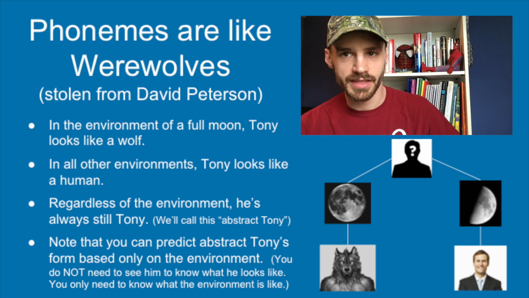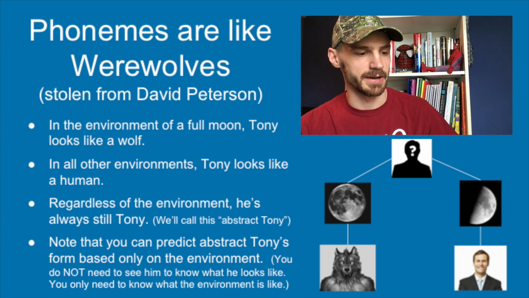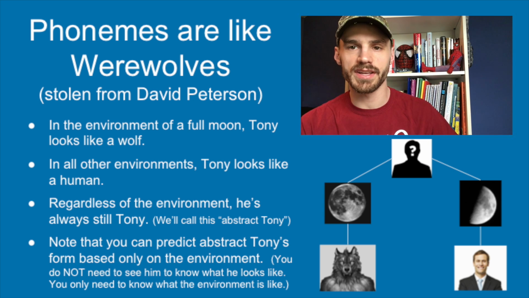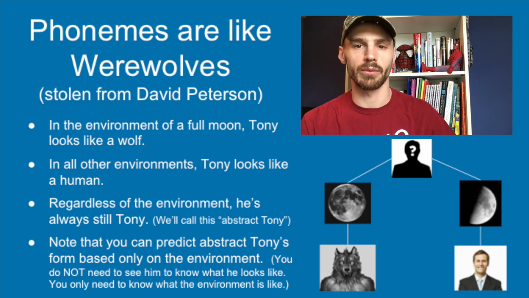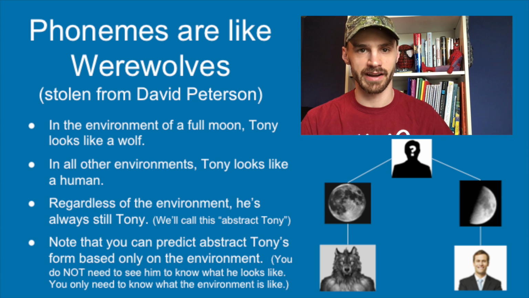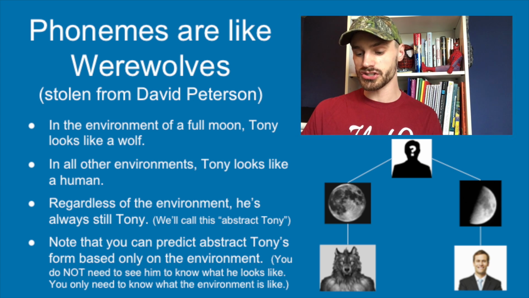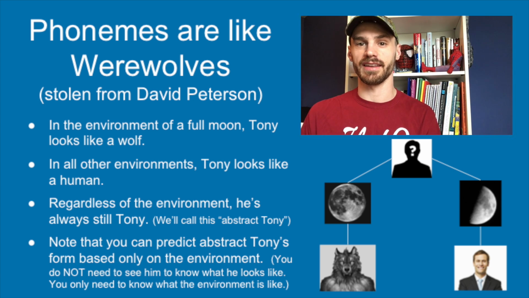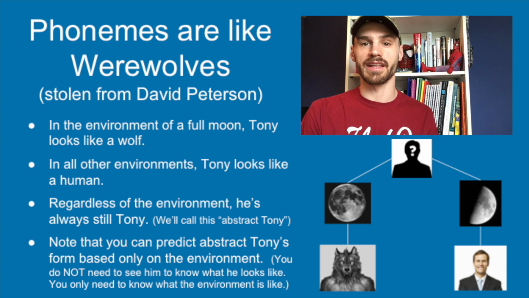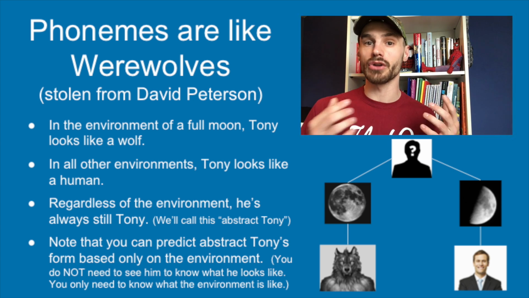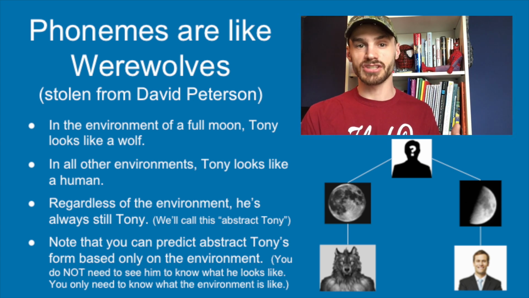And another thing that's important to notice here is that you can always predict what Tony will look like based off of his environment. So you don't actually need to see Tony in order to know what he looks like. You could just know that abstract Tony is existing under the environment of a full moon, and then you know for sure that Tony is in his wolf form.